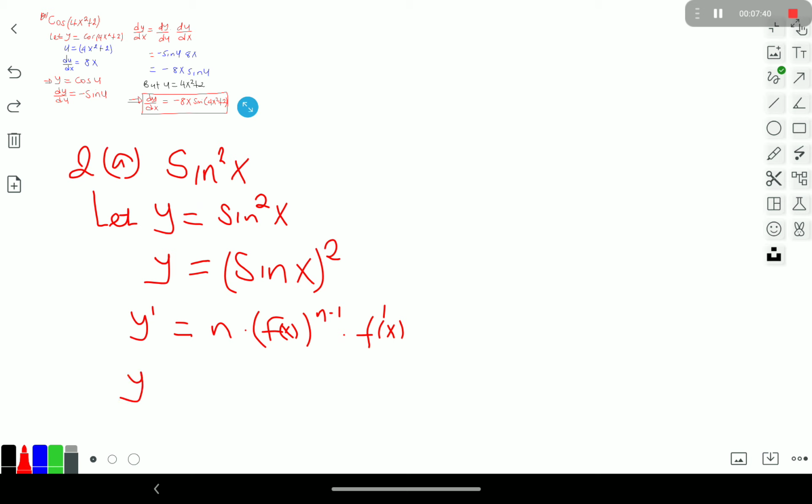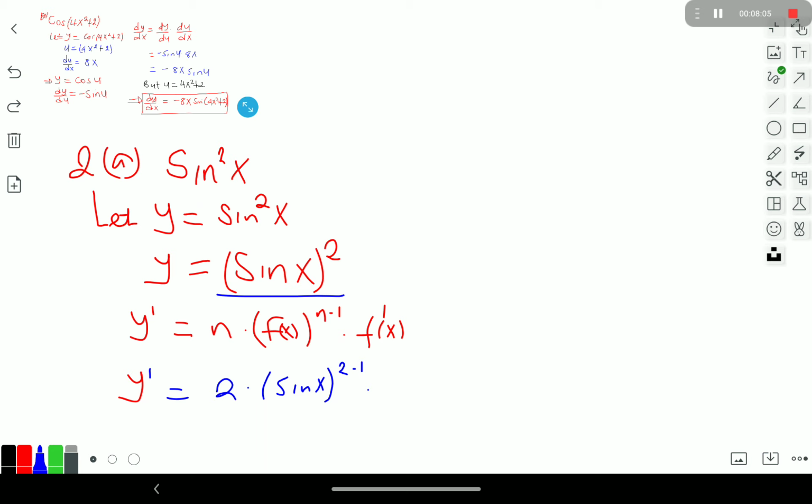Now from here, the derivative of y will be equal to: n is 2, then the function is sin x to the power 2 minus 1, then times the derivative of the function, which is sin.